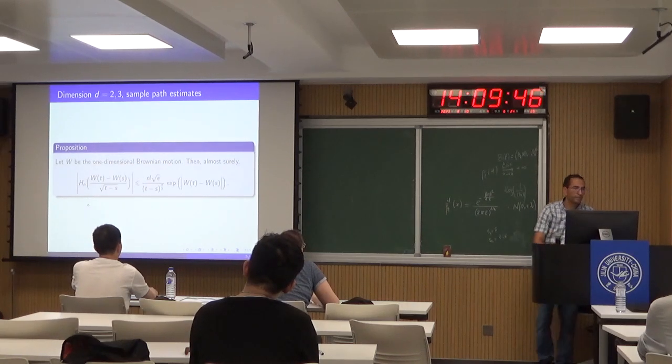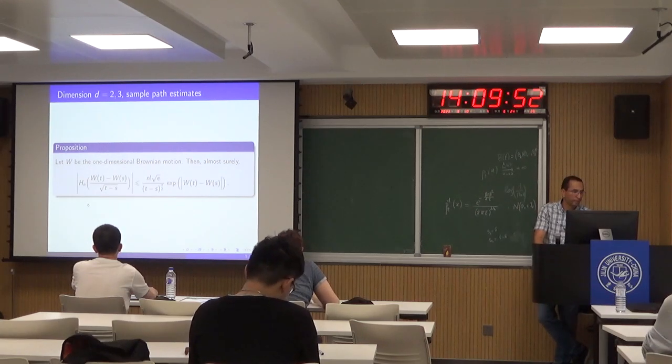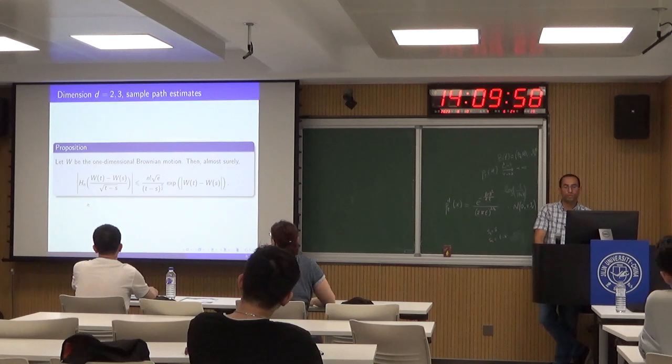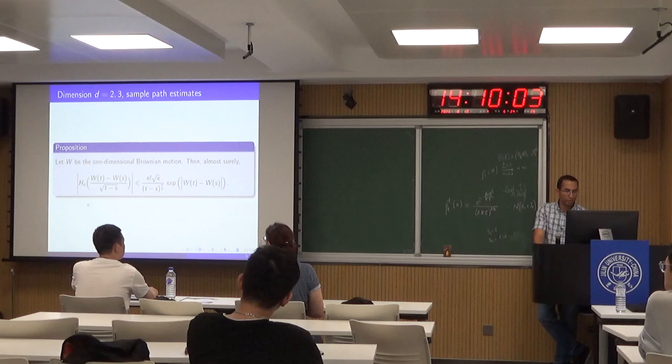Okay, the next estimate will be related to Hermite polynomials with Brownian motion. If we consider one-dimensional Brownian motion, then almost surely we have the following inequality. Why do we want these kinds of estimates?